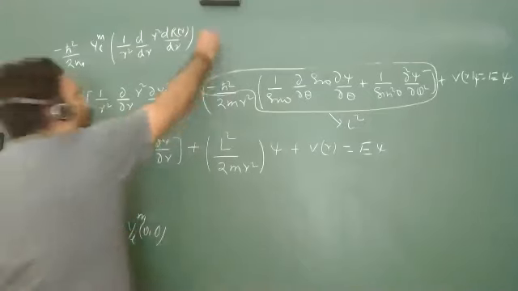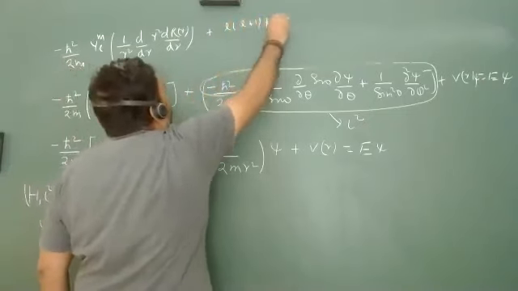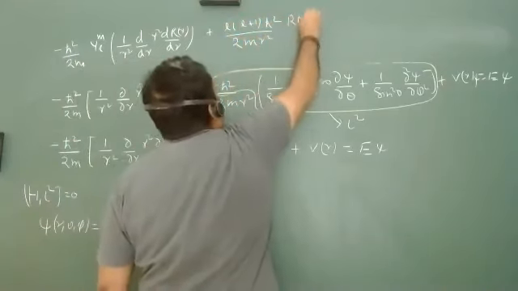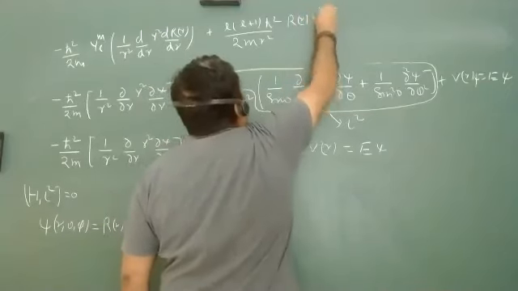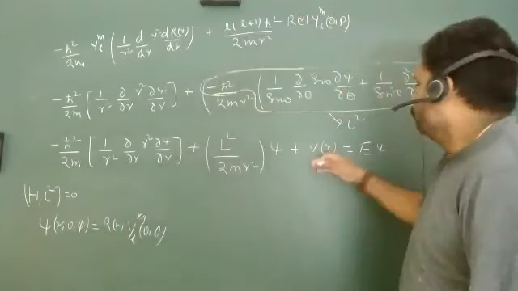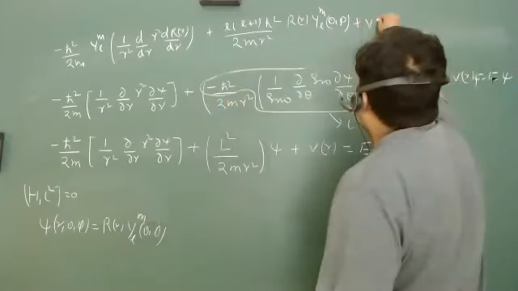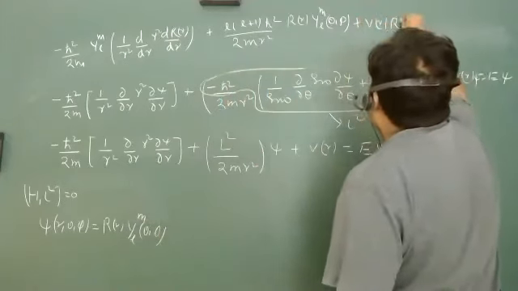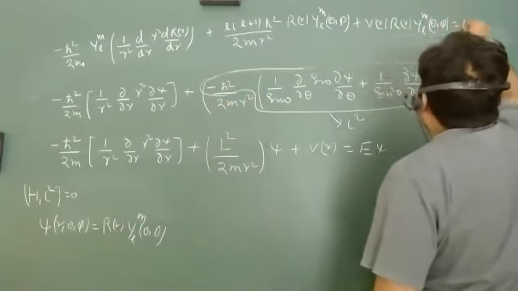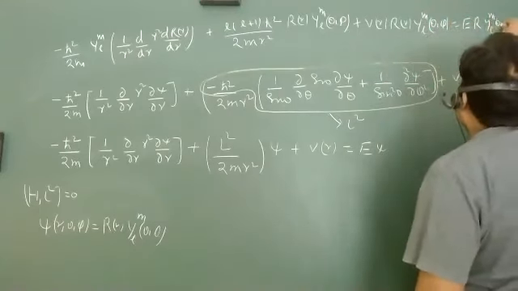It will give you l(l+1) h cut square upon 2m r square, the radial part will remain the same, and you have Y_lm(theta, phi). And V will only operate on the radial part, Y_lm will be treated as constant. So you have V(r) R(r) Y_lm equal to E R(r) Y_lm.